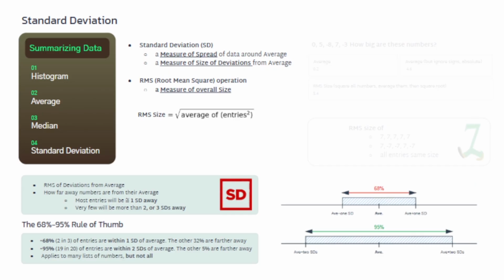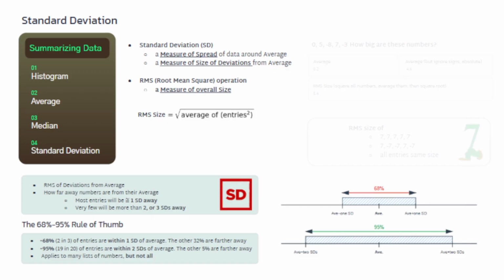So one thing to remember, as a rule, most entries in statistics, in data, will be around 1 standard deviation away from the average, and very few will be more than 2 or 3 standard deviations away. This is very important, as you can see in the sketch. Remember these 2 sketches.